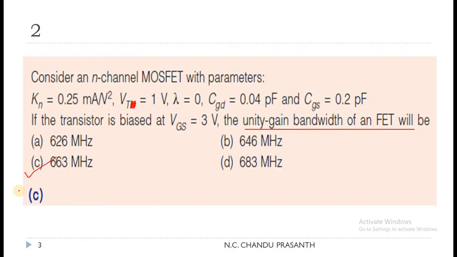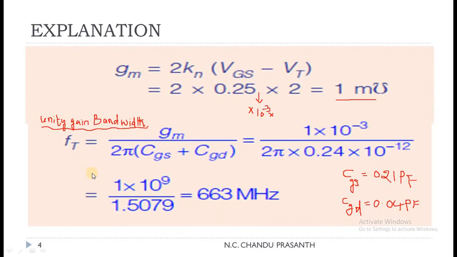Now we are going to see the detailed explanation of how 663 MHz will come. Our ultimate aim is to find the unity gain bandwidth. First you have to find gm, the transconductance: gm equals 2Kn into (Vgs minus Vt).